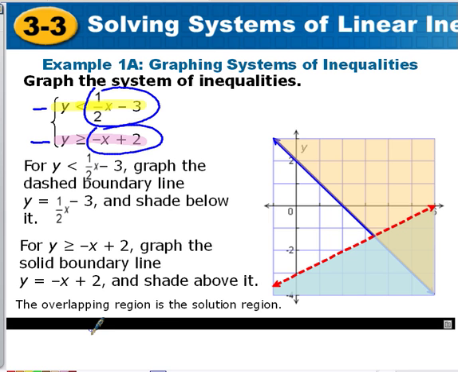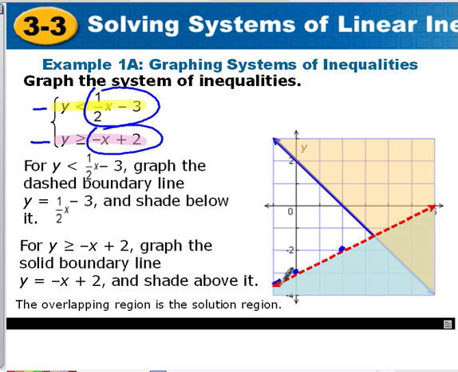So they have it graphed for you, but the first one has a y-intercept of negative 3, and it has a slope of 1/2, so you're going to go up 1/2, and they have the dashed line here to represent the less than.